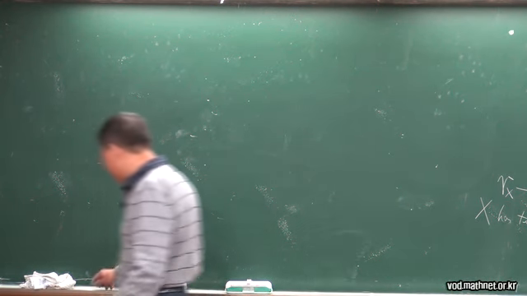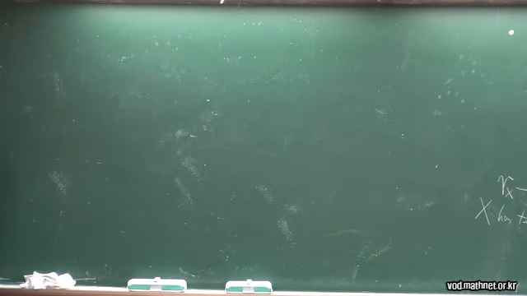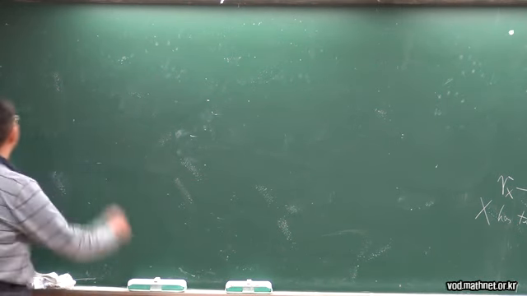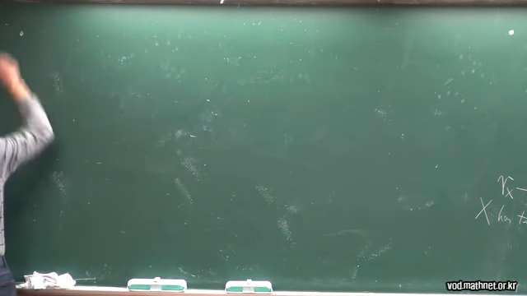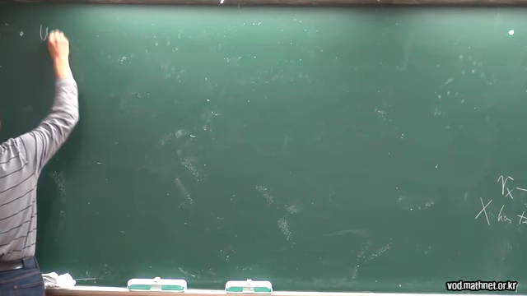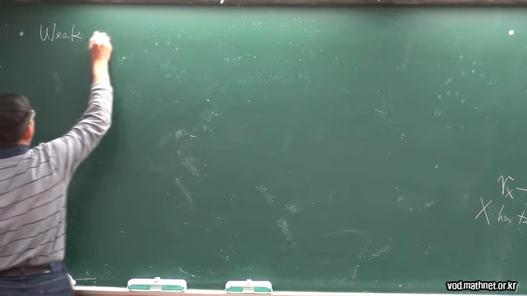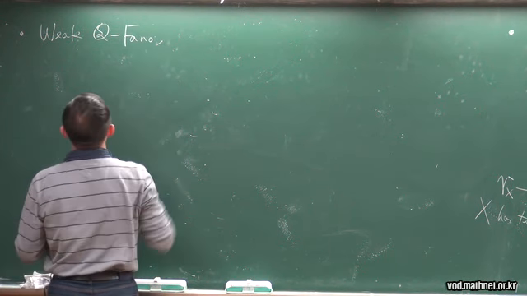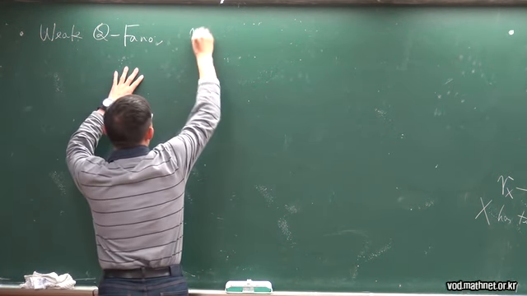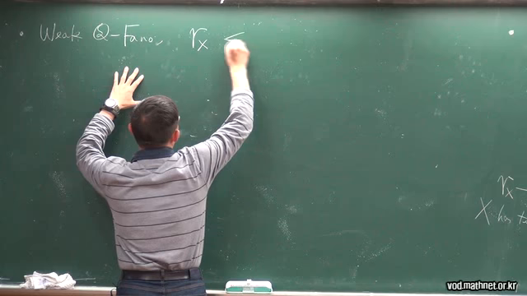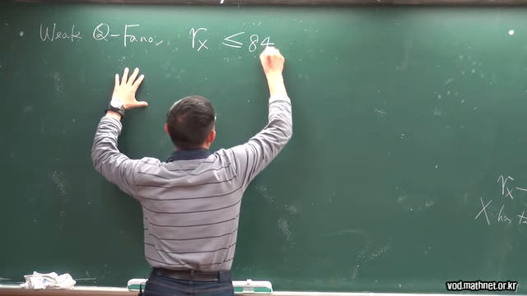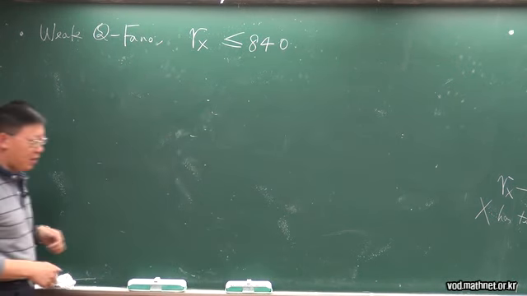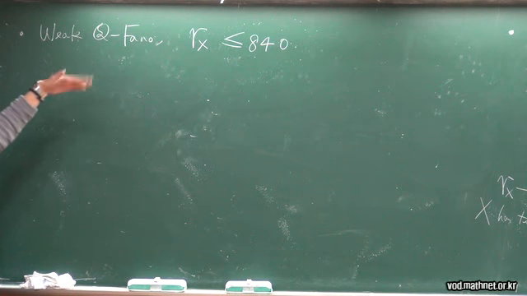So this contains a couple of estimations. So the following result is, for weak Q-Fano threefold, we have Rx smaller than or equal to 8 because this is a bounded family. So theoretically you can get this.